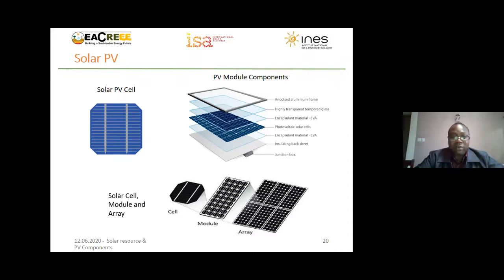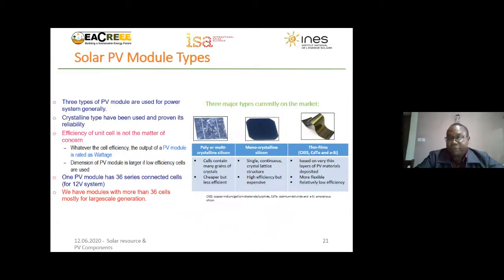And in general, we have three main types of solar PV modules that are commonly used for power generation. You can see from the right side of the screen, the three common ones listed. We have polycrystalline or multicrystalline silicon cells.